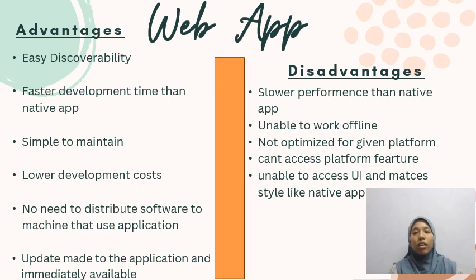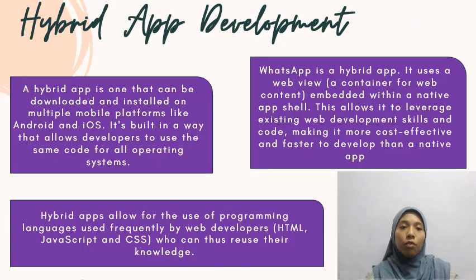The disadvantages are slower performance than native apps, unable to work offline, not optimized for a given platform, can't access platform features, and lastly, unable to access the UI and match the style like a native app. So this slide is hybrid app development.